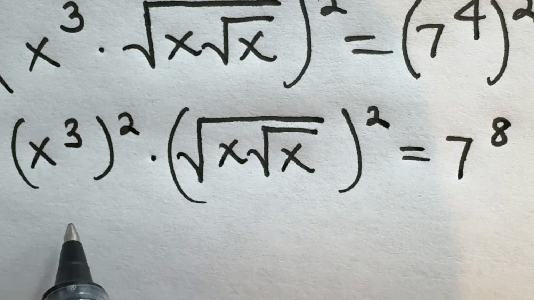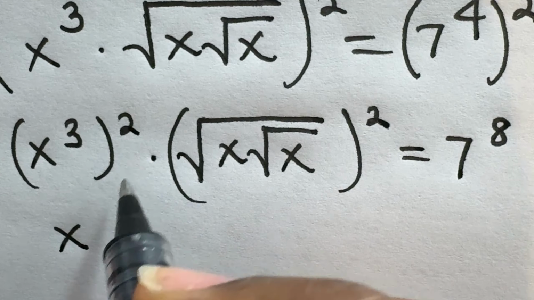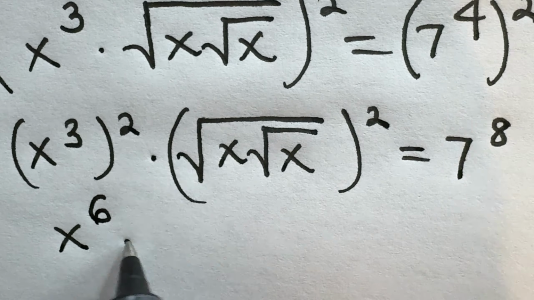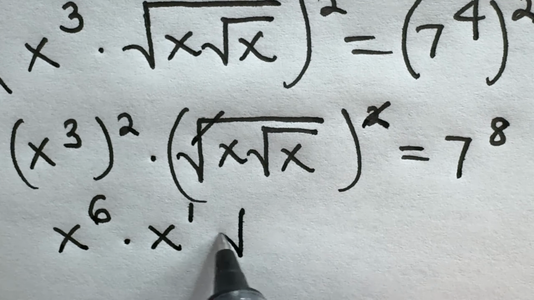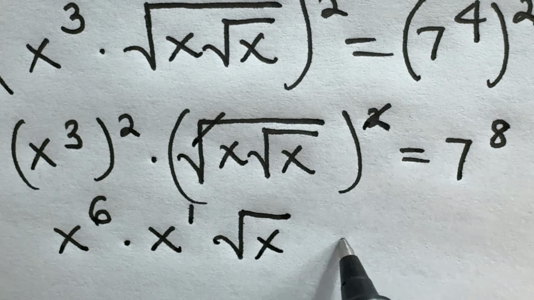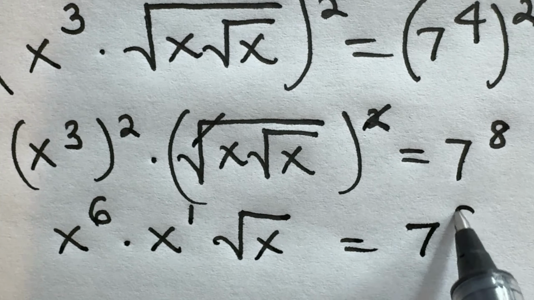Here again we have x raised to power, this will be 6, and this cancels this, so we have x raised to power 1 root x is equal to 7 raised to power 8.